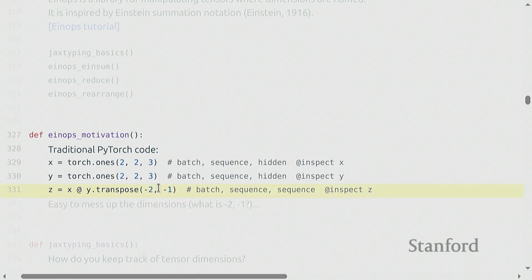And you look at this and say, okay, what is minus 2? Well, I think that's the sequence, and then minus 1 is the hidden dimension because you're indexing backwards. And it's really easy to mess this up, because if you're good, you write a bunch of comments, but then the comments can get out of date with the code, and then you have a bad time debugging.